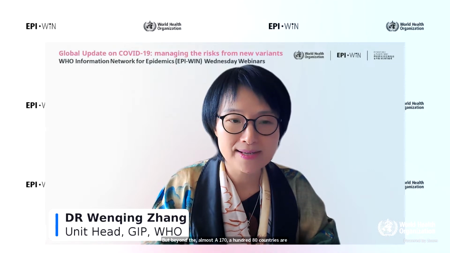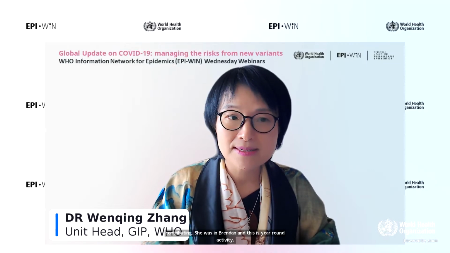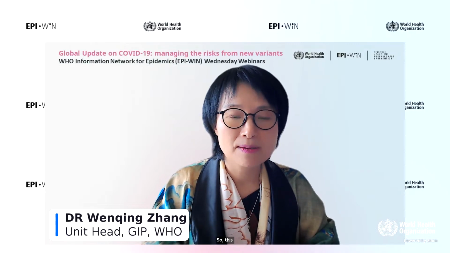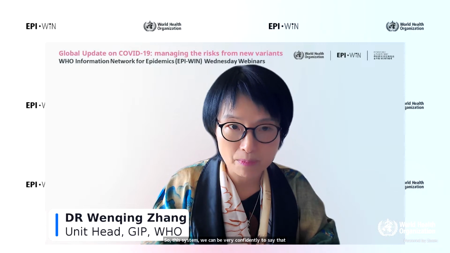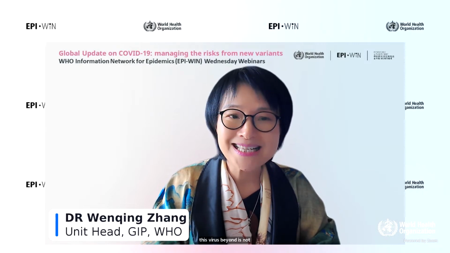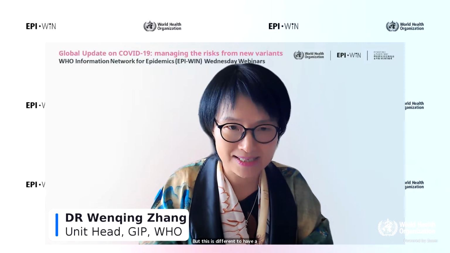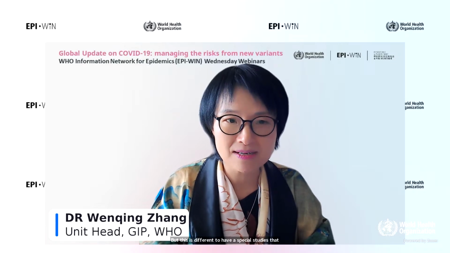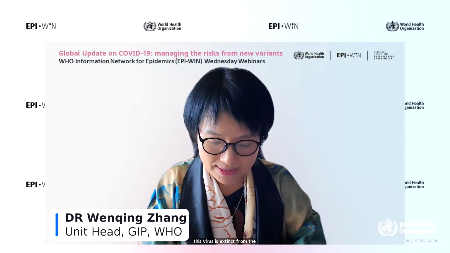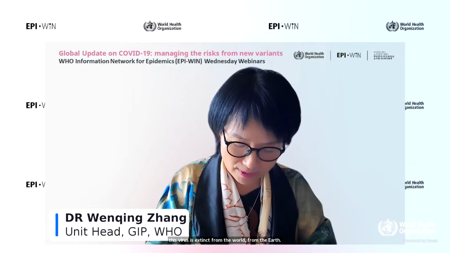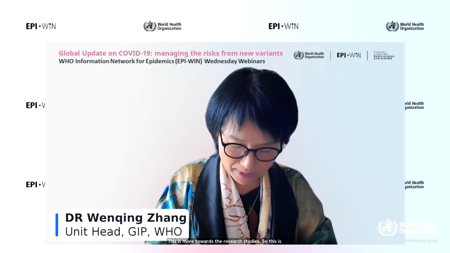And this is a year-round activity. So through this system, we can say very confidently that this virus, B-Yam, is not circulating in the population. But this is different to having a special study that this virus is extinct from the world, from the earth. This is more towards the research studies. So this is one point I want to make.